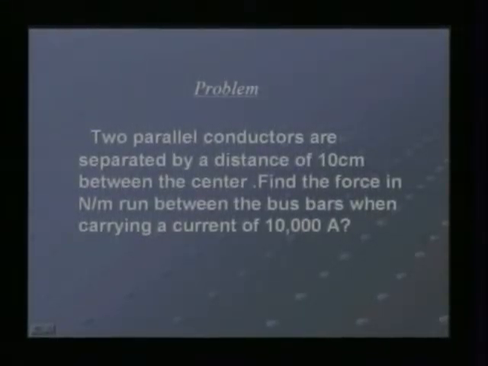Consider a problem to determine the force between two parallel conductors. Given problem is, two parallel conductors are separated by a distance of 10 centimeters between their centers. Find the force in newtons per meter run between the bus bars when carrying a current of 10,000 amperes.